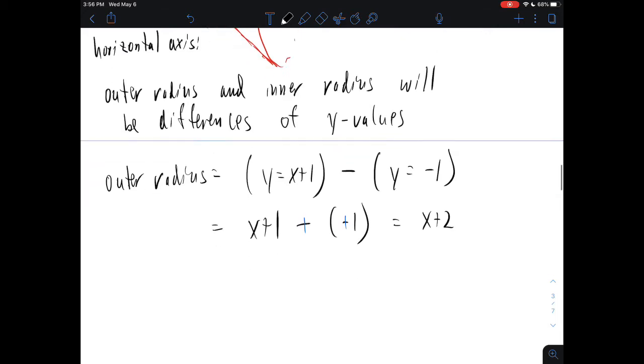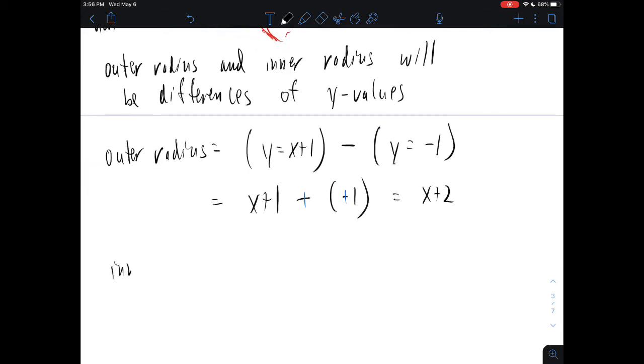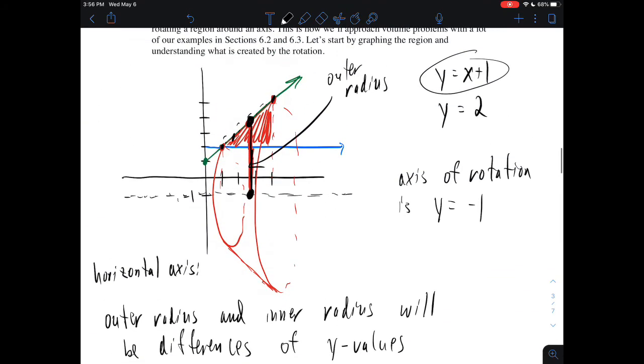Can we do the same thing with the inner radius? How would we find that? Well, that has to come from the function related to the blue line. So my inner radius is how far it is from the blue line to the axis of rotation. Does that change? No. In fact, it stays the same all the time, just because of this particular example.